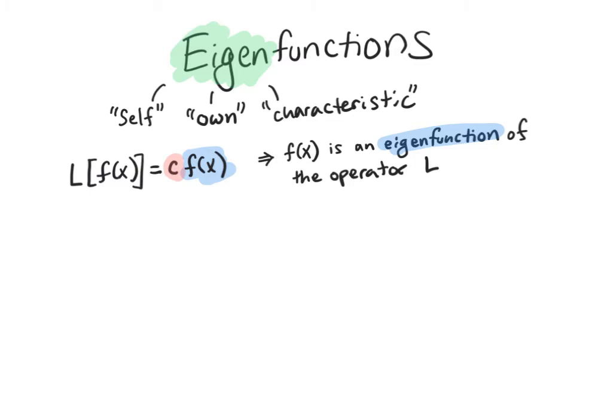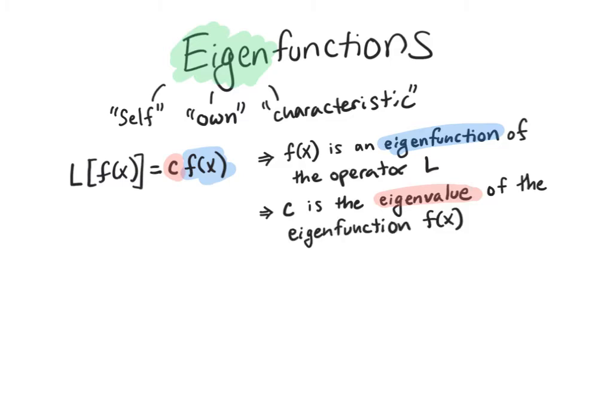Just like how the function f of x is characteristic of the operator, this scale factor c is characteristic of the function f of x. It tells us if I apply the operation to my function, how does my function change? c in this context is referred to as the eigenvalue of the eigenfunction of the operator L.